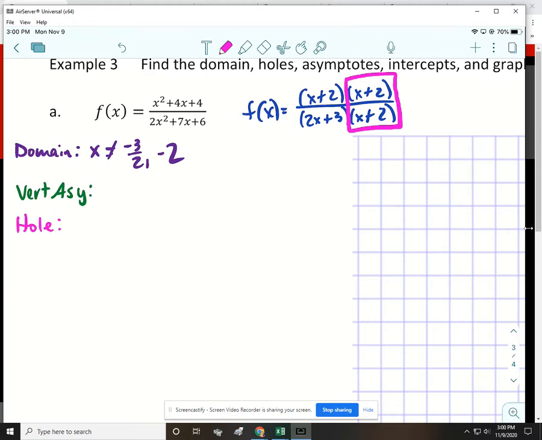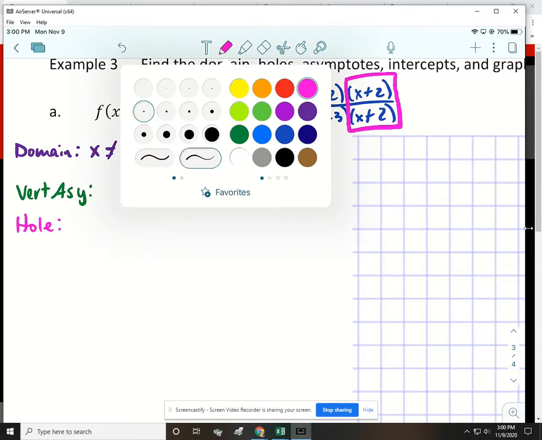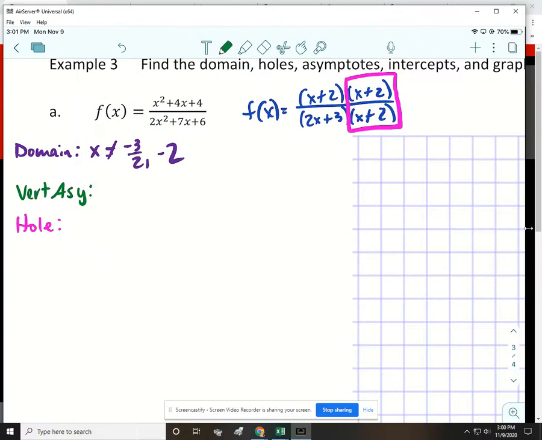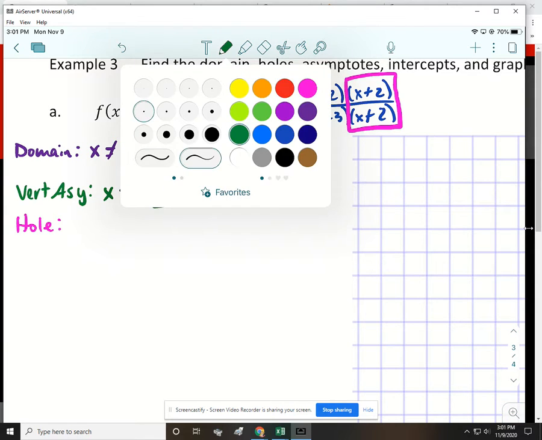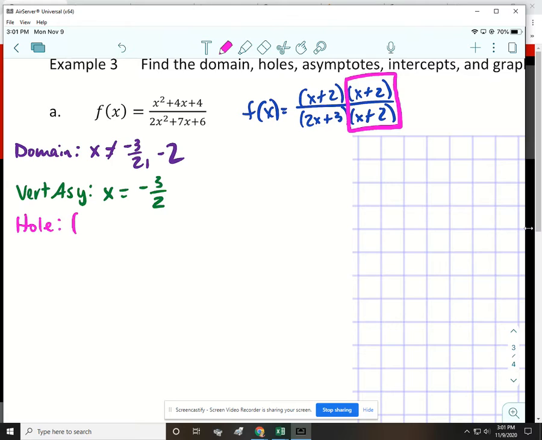The vertical asymptote comes from the denominator. What's outside the box in the denominator is going to create the asymptote. What's inside the box in the denominator, that's where there's a hole.